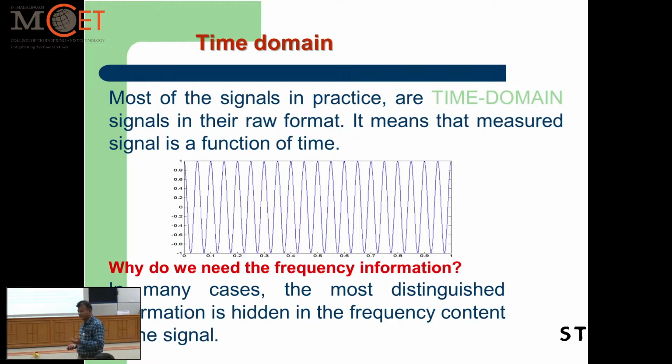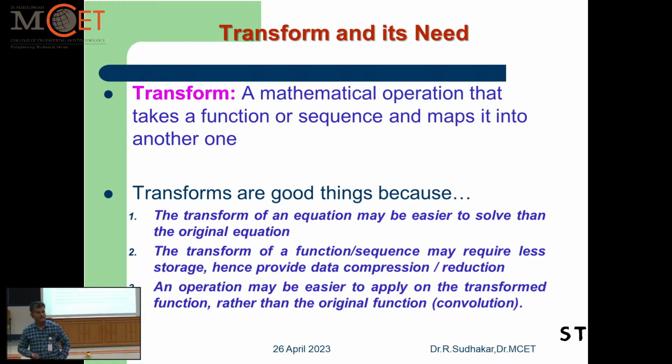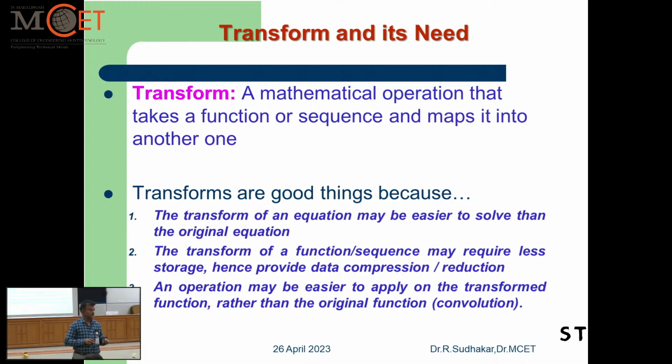So, transforms. Let me not go into detail. What is a transform? It is a mathematical function, like a bus moving from one place to another. We have two domains: one is called the time domain, another is called the frequency domain. Maybe Pollachi and Coimbatore, we can take.